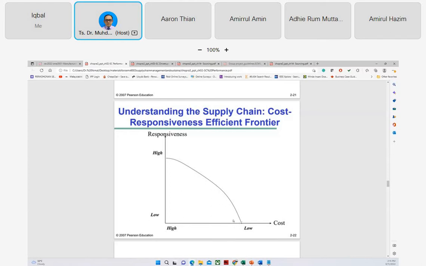That's the simple thing I'm going to explain regarding this graph, and of course you may read the details in your textbook.